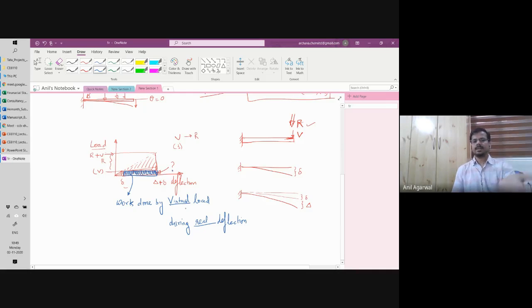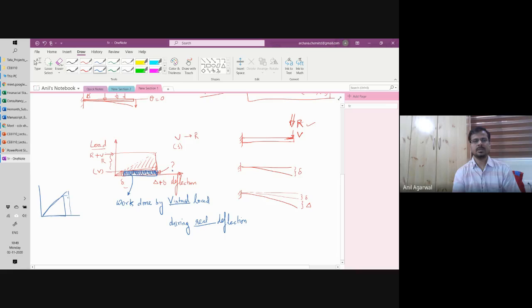Fine. So that is happening because I chose to apply virtual first and then the real. If I had reversed the order, applied real first and then the virtual, then the definition of this rectangular component will change. In that case, you will have a bigger component, that is a real load, and then you will have a smaller virtual. Let's say virtual is much smaller.